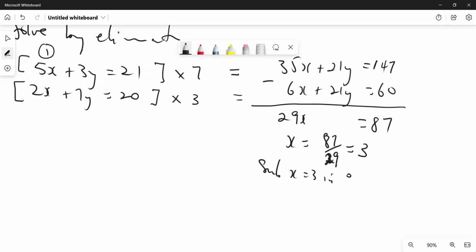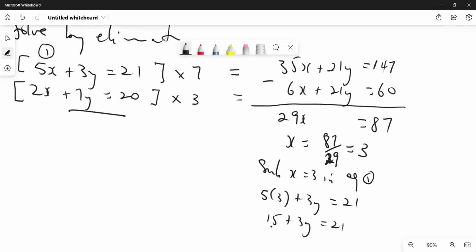Oh gosh, I said I'll substitute the second one, I end up doing it in the first one. All right, no problem. 5 times 3 plus 3y equal 21. So 15 plus 3y equal 21. Take this over there, you will get 3y equal 21 minus 15, which is 6.